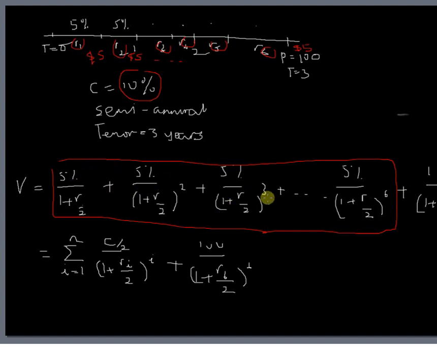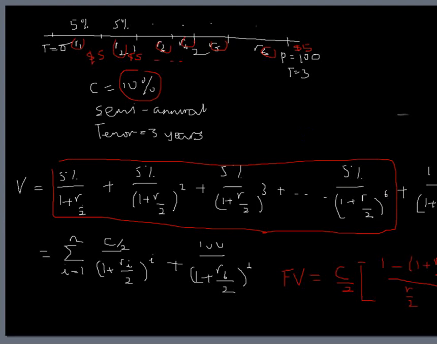So this simply we can use the present value of annuity formula, which is given by PV equal to coupon, in this case, let's write it as coupon over 2 because it's a semi-annual payment, multiplied by 1 minus 1 plus R over 2, because it's a semi-annual coupon payment, to the power of n, divided by R over 2. Okay, so we can use the geometric progression formula in lieu of this expression.